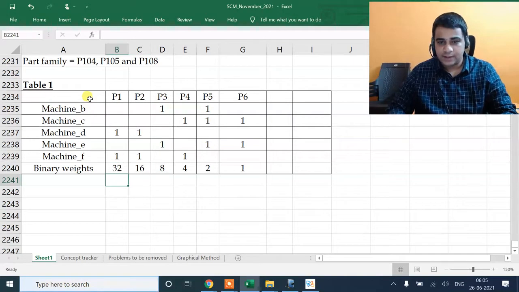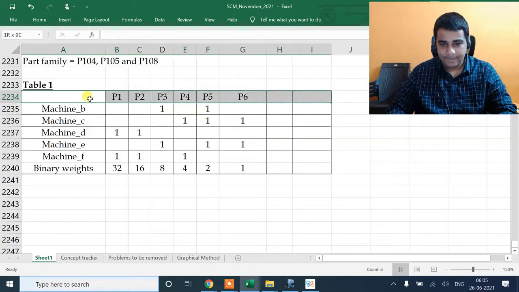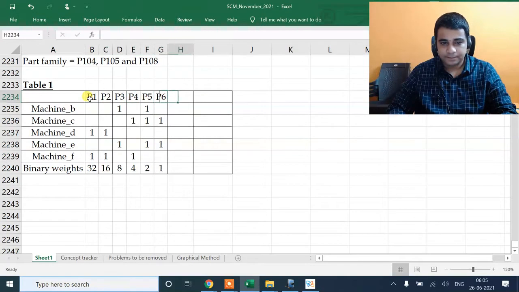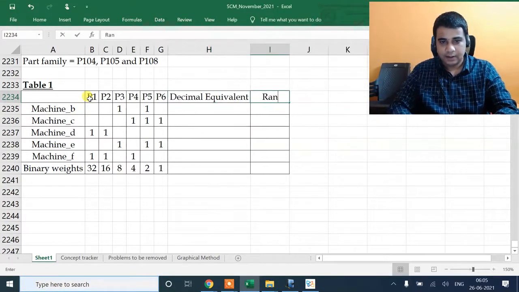The last one is 2 power 0. Decimal equivalent and rank.